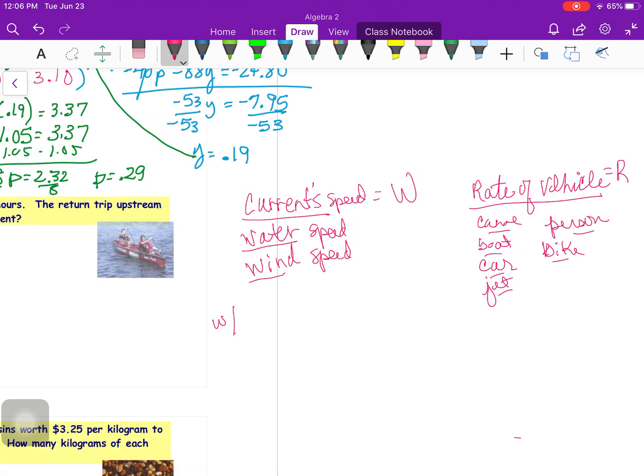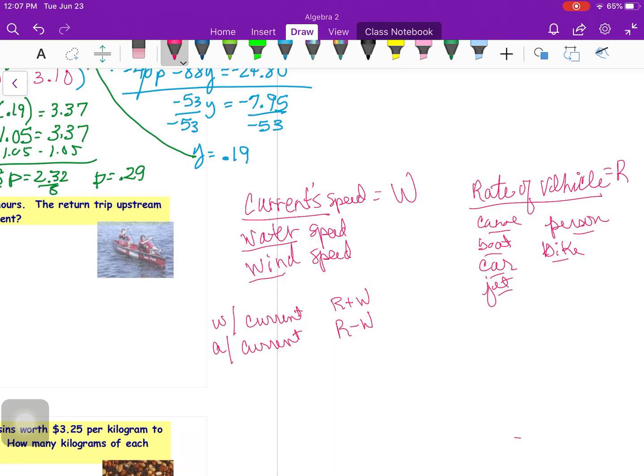And anytime I go with the current, if I'm going with the water or with the wind, I should be going faster. So that means I would add these two, the vehicle plus the current. If I'm going against the current, I would subtract them because it should slow me down.